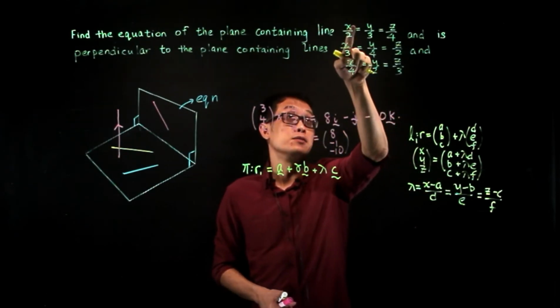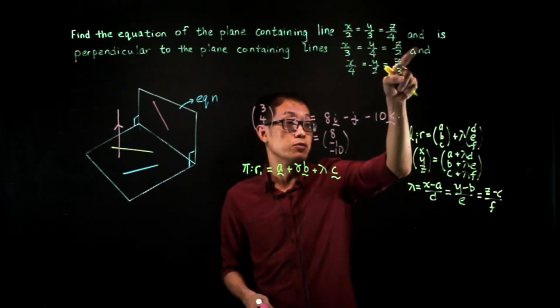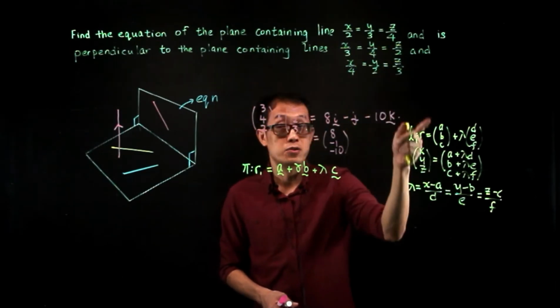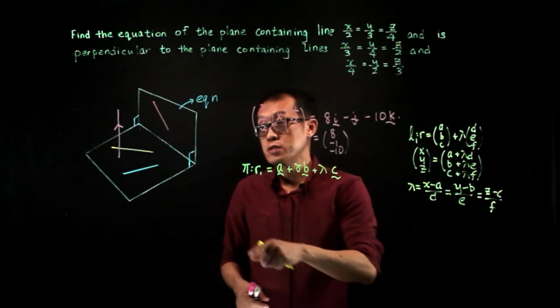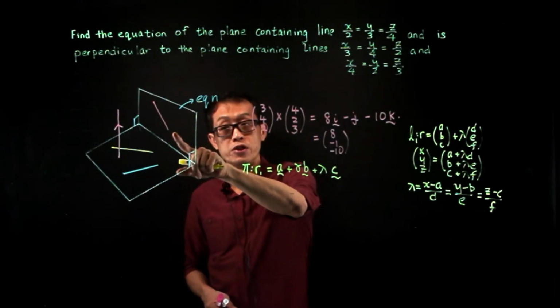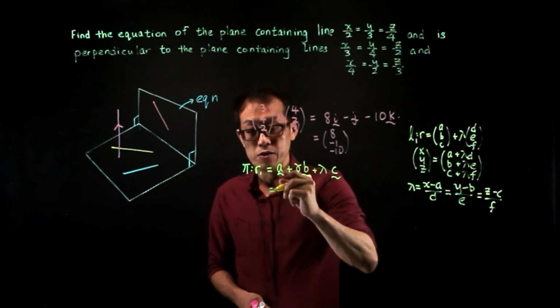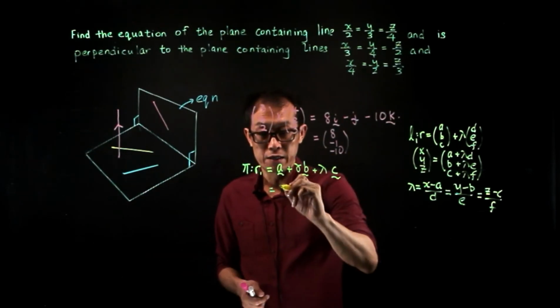Right over here, you find that A, B, C are all 0. So it passed through 0, 0, 0. If this line passes through the origin, the plane also has to pass through the origin. So this part is 0, 0, 0. So we don't need to write anything.